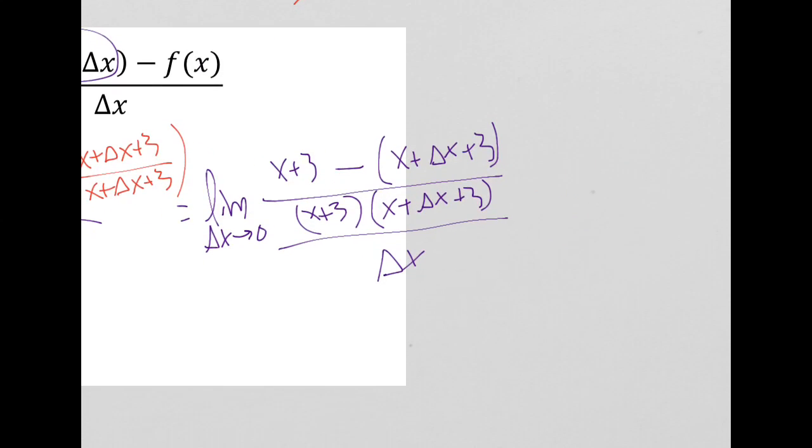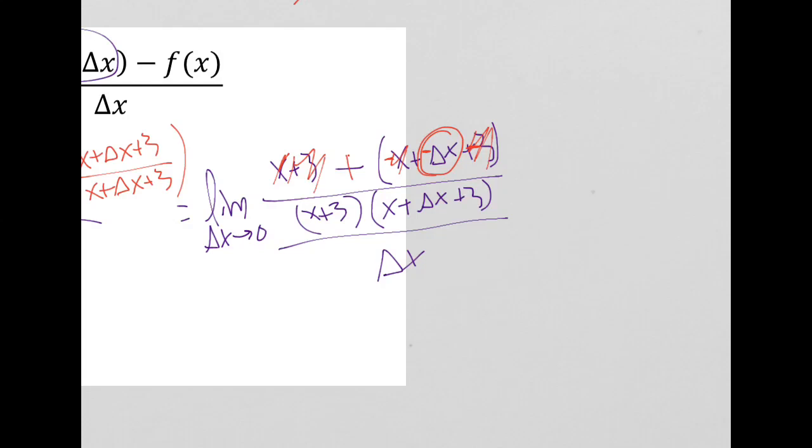So again, hopefully my numerator simplifies to just a delta x or maybe a minus delta x. Well, look at this. Distributing that negative right there, we're going to get a negative x, a negative delta x, and a negative 3. And I'm going to get a negative x canceling with my positive x right there. I get a negative 3 canceling with my positive 3.